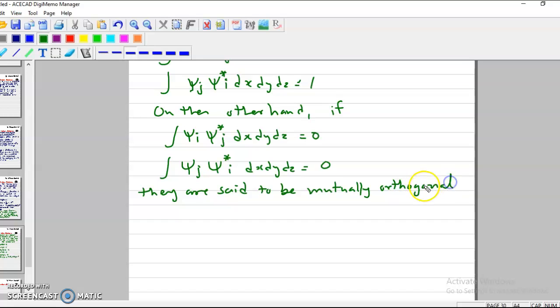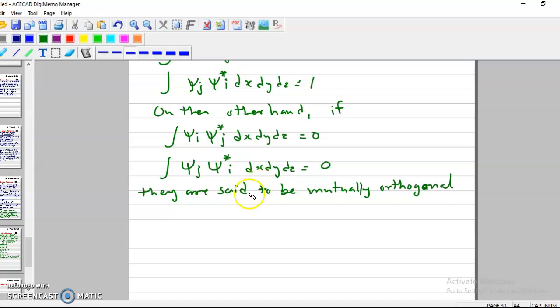So it's very simple: for orthogonal, the integral should be 0. That means the probability is 0. And for normalized, the probability is equal.